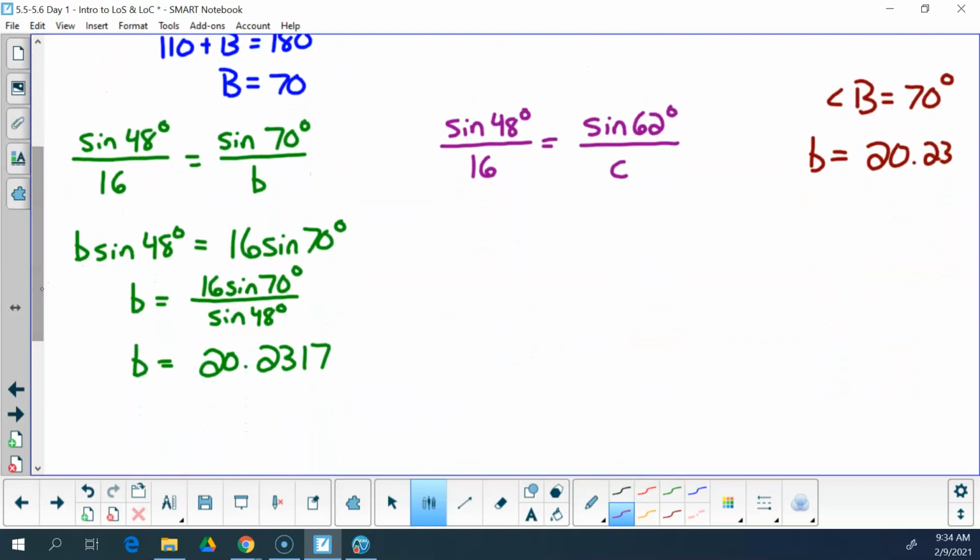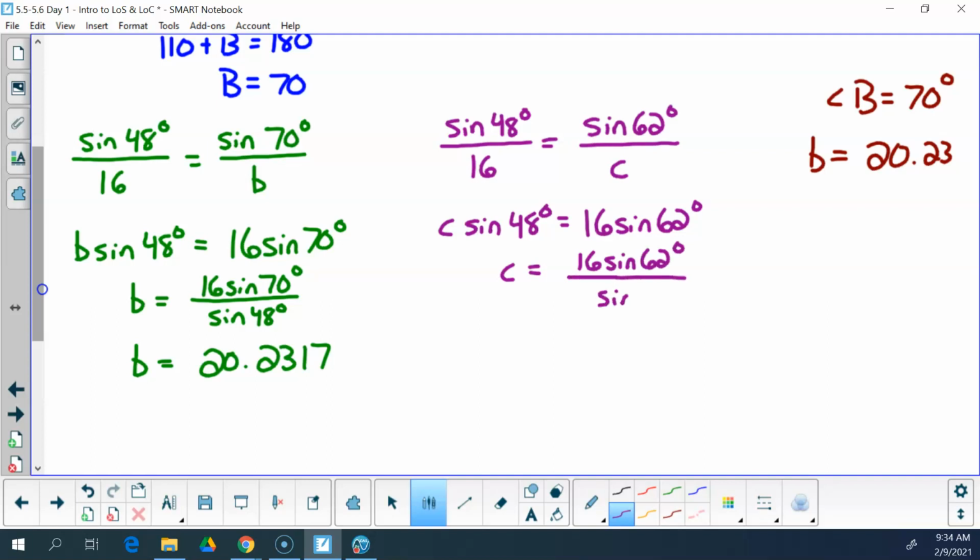We would follow roughly the same pattern. Side C times the sine of 48 degrees equals 16 times the sine of 62. I get 19.